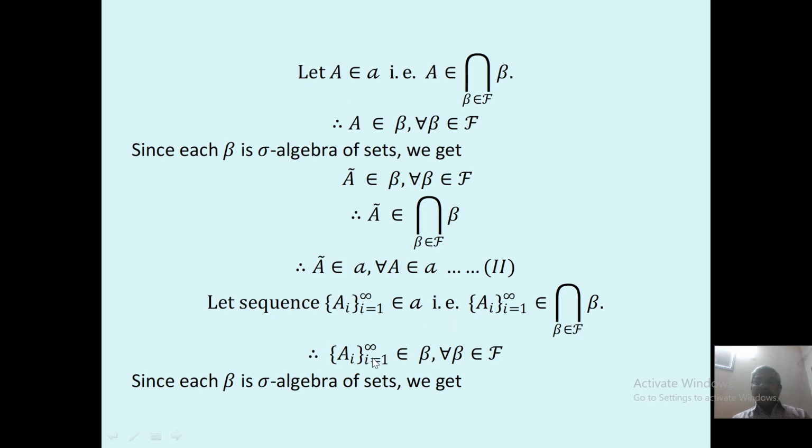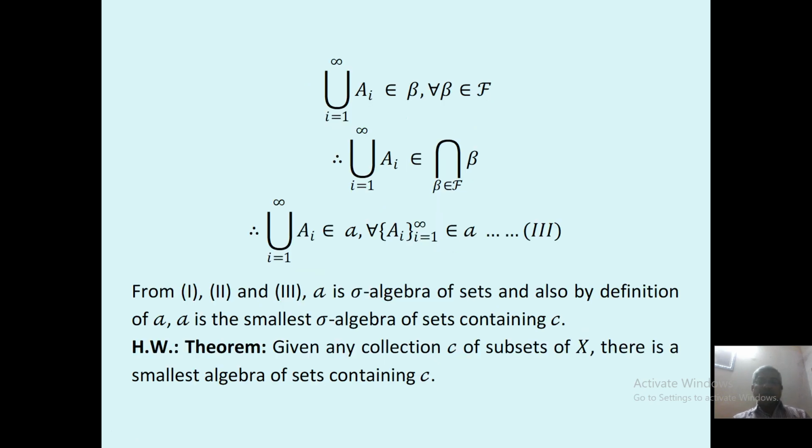Therefore this sequence also belongs to each B. Since each B is sigma algebra of sets, ત્રણે ત્રણ કન્ડિશન માટે એક સરખી પેટર્ન પ્રૂફની. દરેક B પેલી ત્રણેય કન્ડિશન સેટિસ્ફાય કરે તો ત્રીજી કન્ડિશન પ્રમાણે union of A_i also belongs to B for each B. દરેક B માટે આ સાચું છે એટલે ઇન્ટરસેક્શનમાં પણ છે.